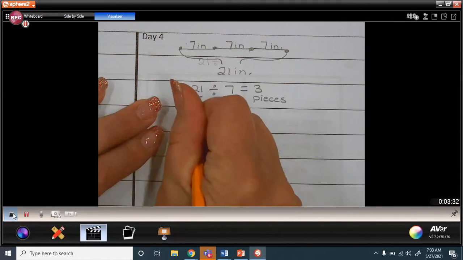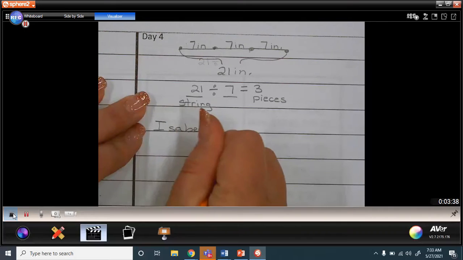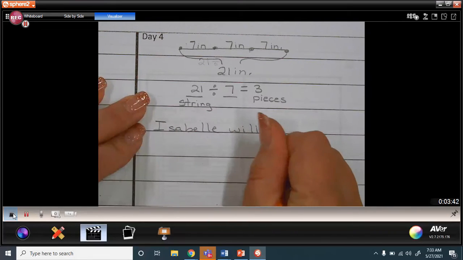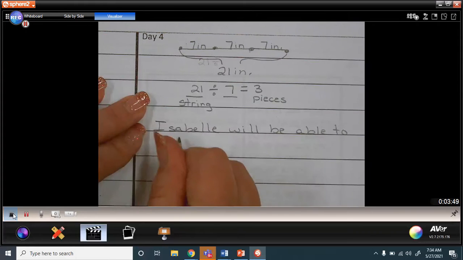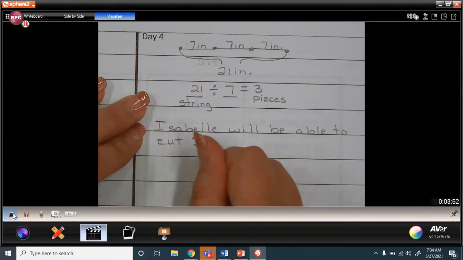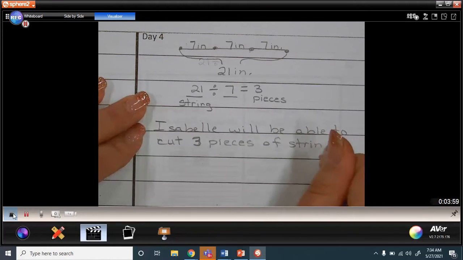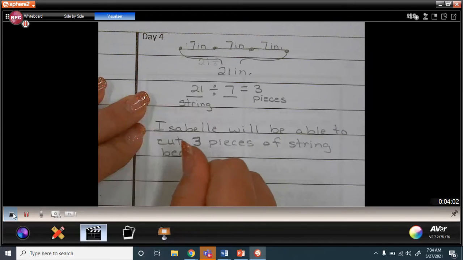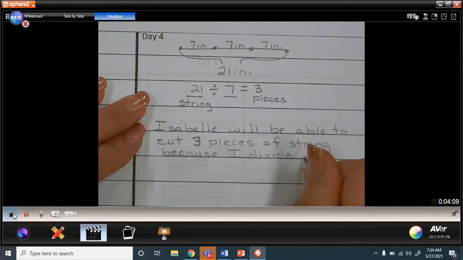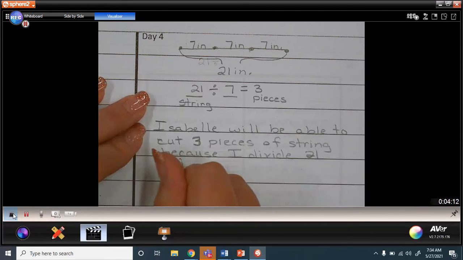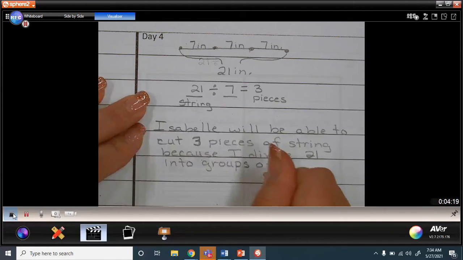And now I can say, Isabel will be able to make, or cut, let's say cut, 3 pieces of string because I divide 21 into groups of, or cuts of, 7 inches.